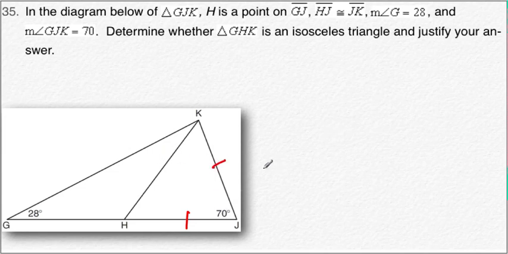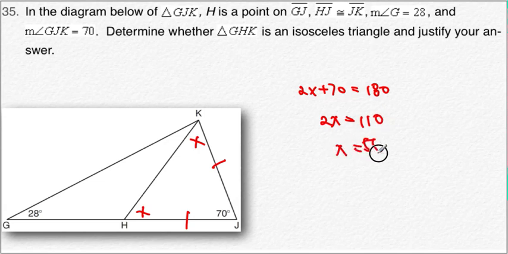Since these two sides are congruent, and given that this is 70, if you call this one x and the other one will also be x, then 2x plus 70 must be equal to 180. That means 2x must be 110, where x becomes 55. And this is 55. That makes this one 125 degrees.